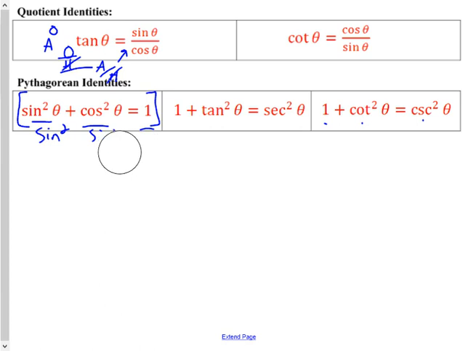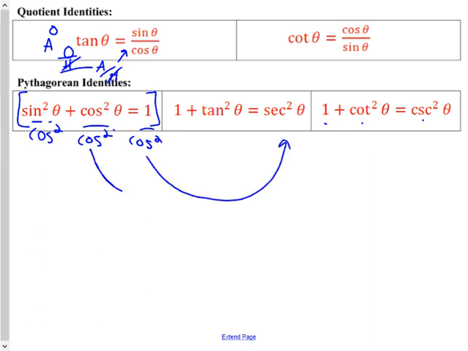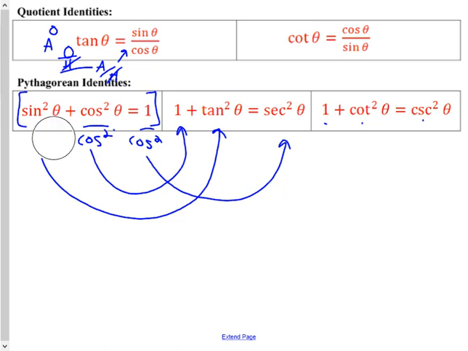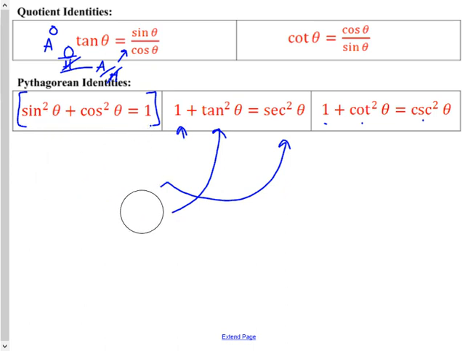Or maybe we'll divide by cosine squared, and 1 over cosine squared is secant squared. Cosine squared over cosine squared is 1, and sine squared over cosine squared is tangent squared. So if you can memorize one, you can manipulate it to figure out the others. And that one is not going to be used as much in this chapter. The Pythagorean ones are used a lot heavier next chapter.